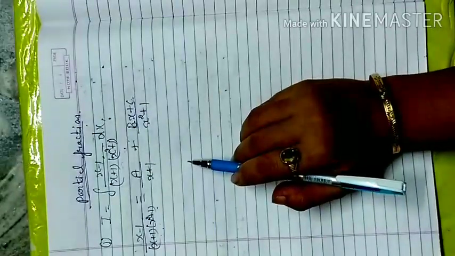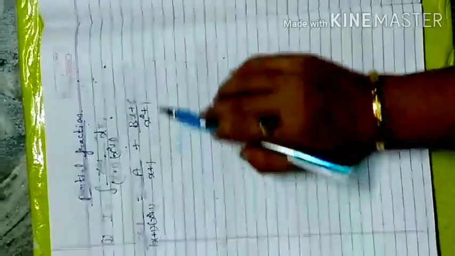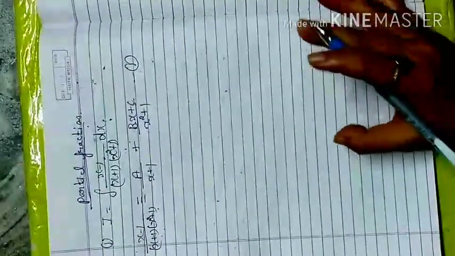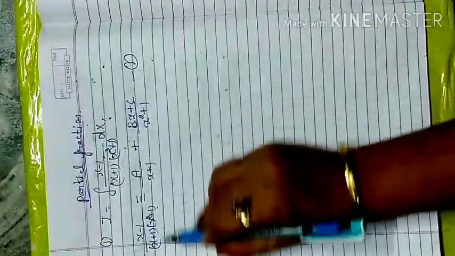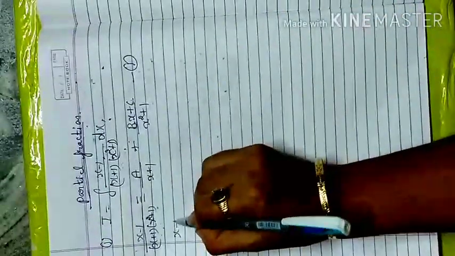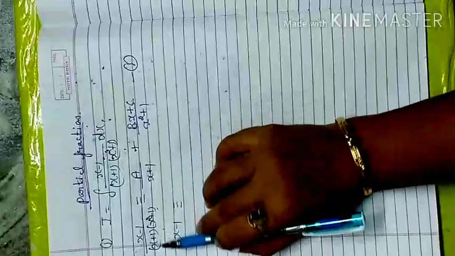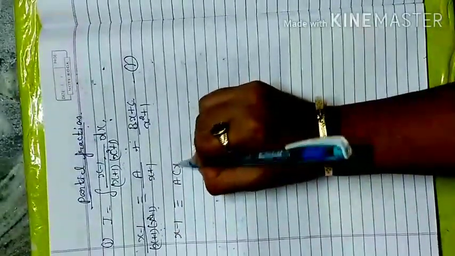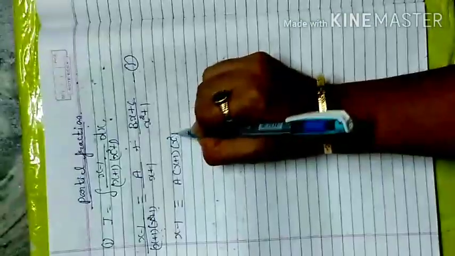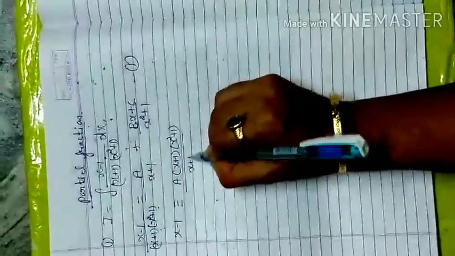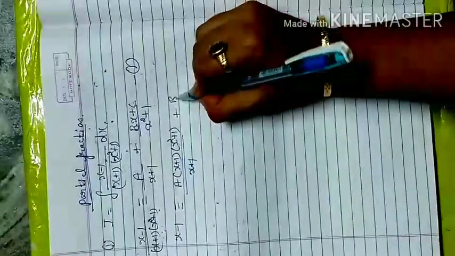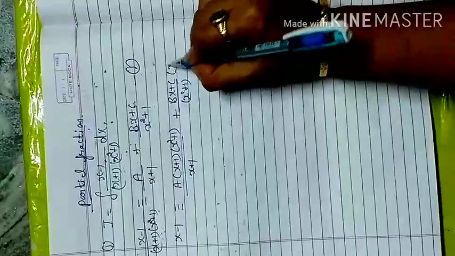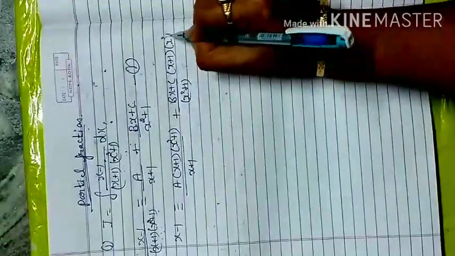So first I will try to remove the denominator. This is my first equation. So x minus 1 is equivalent to, now when the denominator is multiplied, a times (x plus 1)(x square plus 1) divided by x plus 1, and here also (bx plus c)(x plus 1)(x square plus 1) divided by x square plus 1.